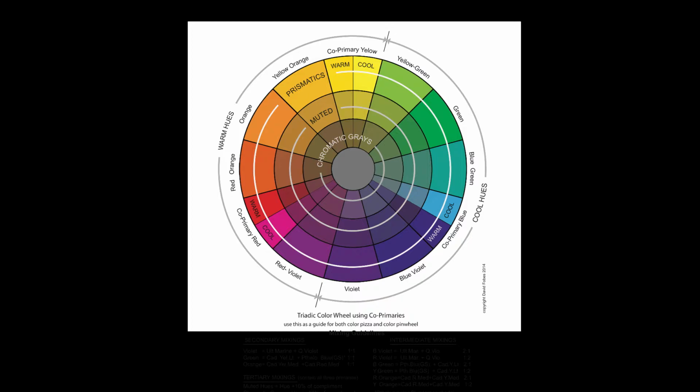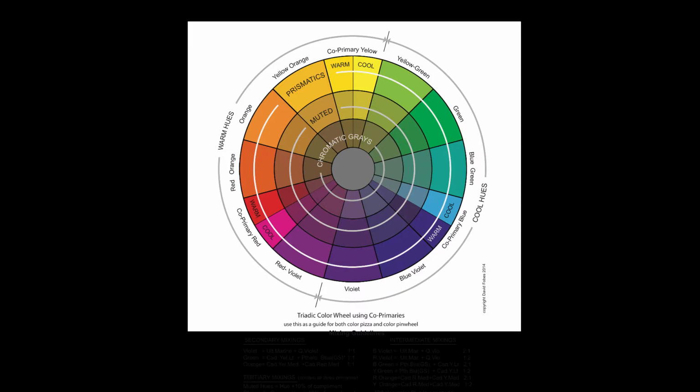So you need to use something like a warm blue and a cool red together to mix violet. If you're going to mix orange, you need a warm yellow and a warm red. And if you're going to mix green, you're going to need a cool yellow and a cool blue. One of the reasons I switched to CMY, you'll see, is that we do away completely with the warm and cool primaries.